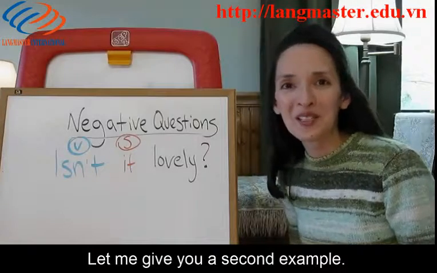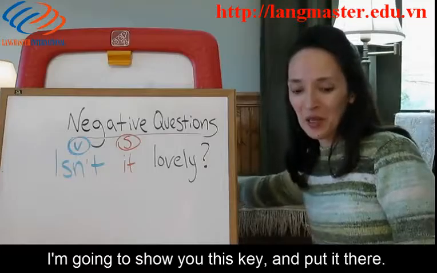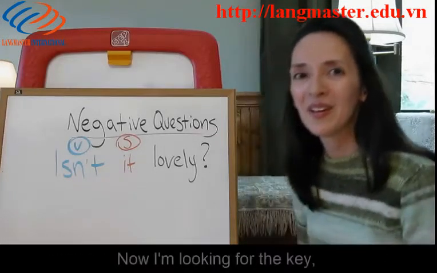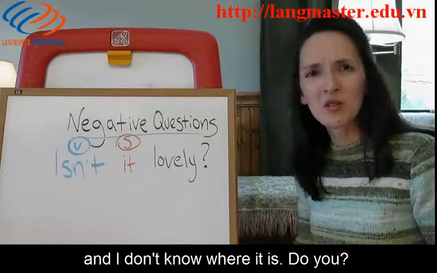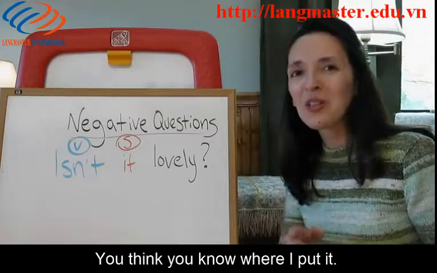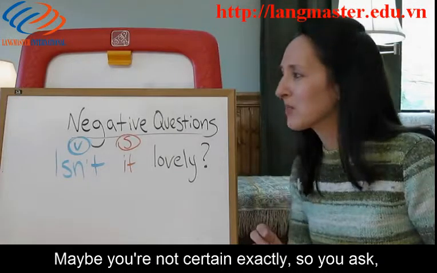Let me give you a second example. I'm going to show you this key and put it there. Now I'm looking for the key, and I don't know where it is. Do you? You think you know where I put it. Maybe you're not certain exactly, so you ask.